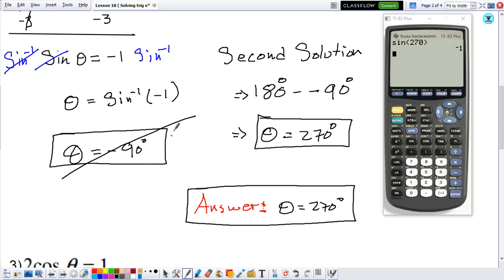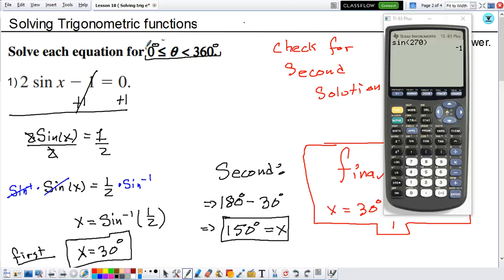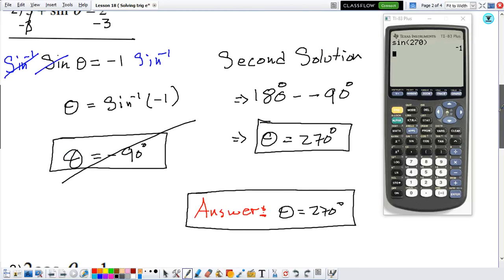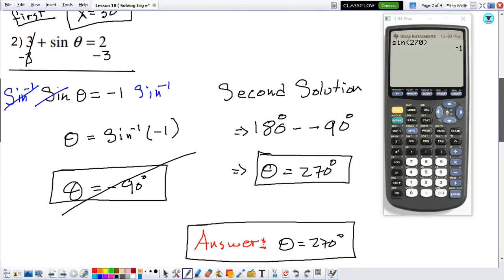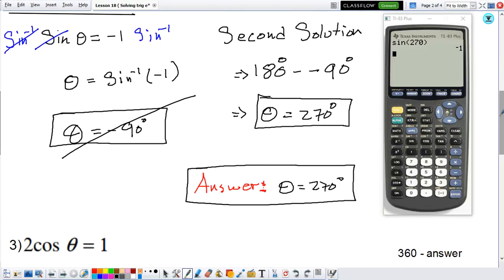So we don't take this answer in consideration because negative 90 is not between 0 and 360. 270 is between 0 and 360, so that's the only answer that we take in consideration.